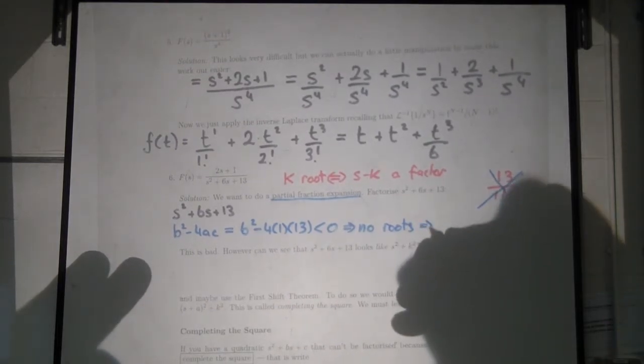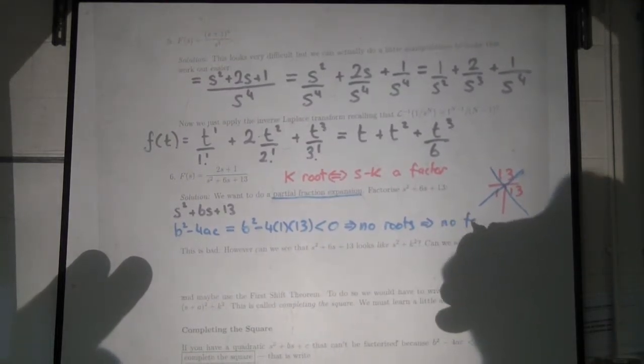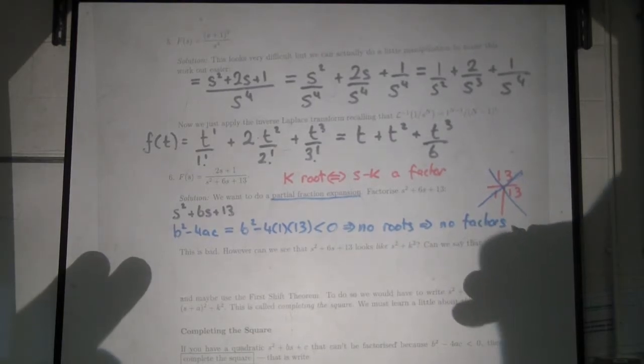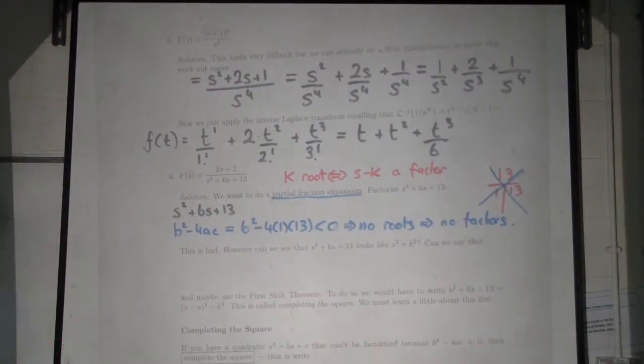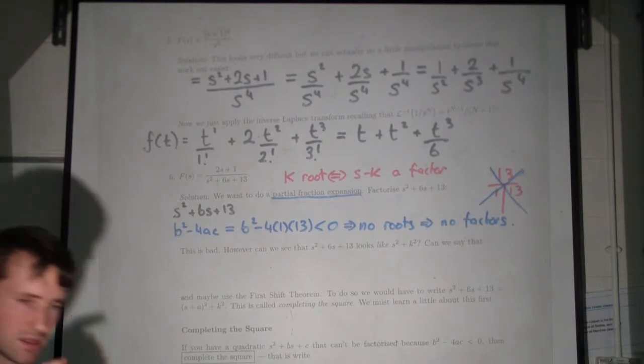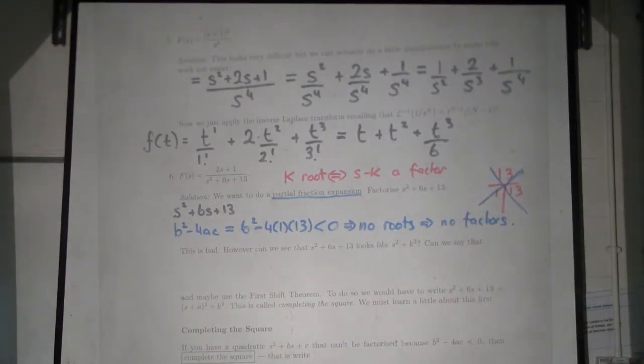which means no factors. Where did you get the b squared minus 4ac? Do you know the minus b formula for solving, say, s squared plus 6s plus 13, which is like ax squared plus bx plus c?